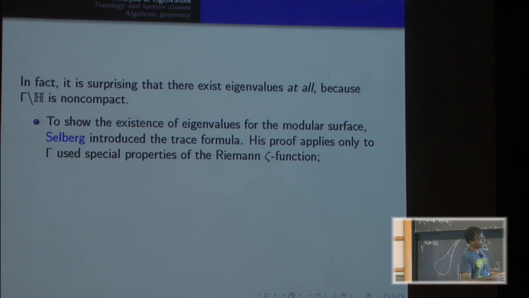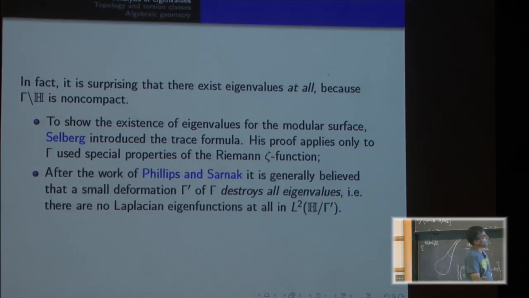I think people thought it was just maybe a peculiarity of the proof until the work of Phillips and Sarnak in the 1980s, which more or less convincingly showed, it's not a full proof, but it's clear after this paper that a generic perturbation of this situation will have no discrete spectrum.